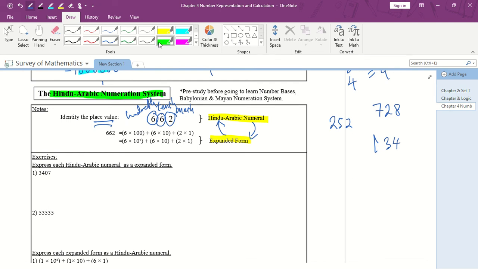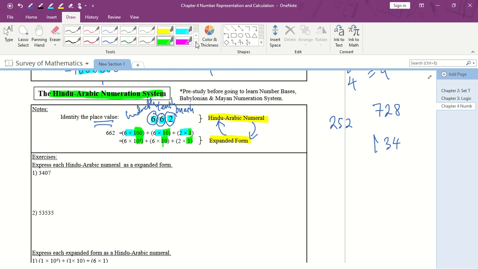Because 2 in this case actually times 1, and 6 times 10 because it is 10, and this is 100 because it times 100. That's why it becomes 662. And that's the reason. And of course, we need to write the 10 here in the form of exponential notation, except for 10 and 1 because it is exactly this.